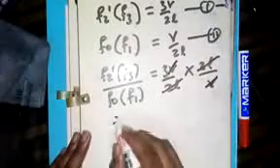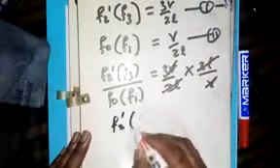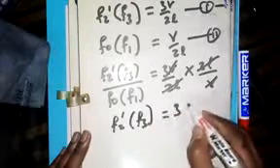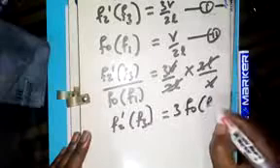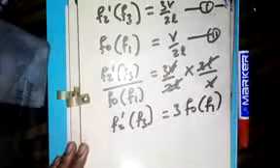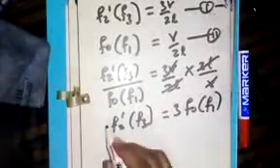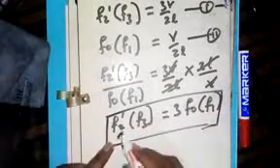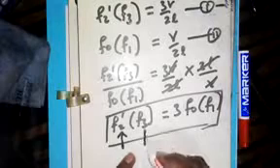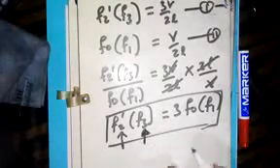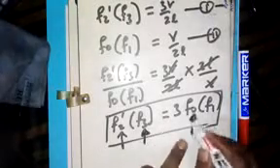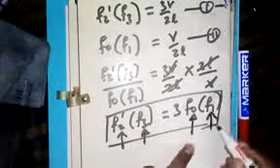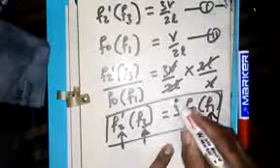Therefore, f2 bar, which is the same as the third harmonic, is equal to 3 times f0, which is the same as f1. Therefore, if you are asked to calculate the second overtone, which is the same as the third harmonic, and you have the fundamental frequency, which is the first harmonic, you just take that value times 3.